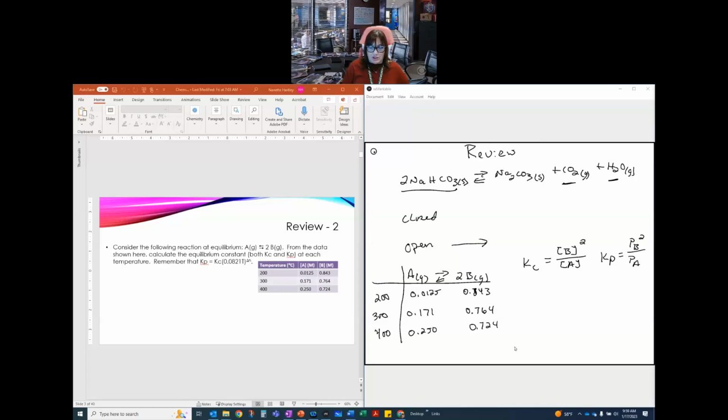Now, since I have concentrations that I've been given, these numbers are all concentrations of molarity, I am going to start by calculating Kc at each of these temperatures. So Kc here is going to equal the 0.843. That's going to get squared. We'll divide that by the 0.0125. Okay.